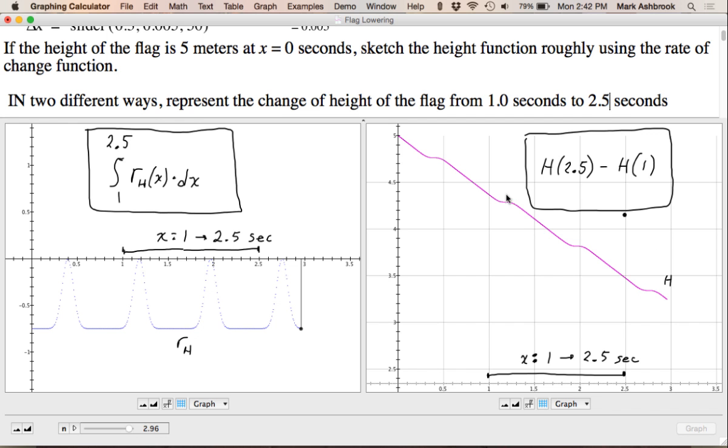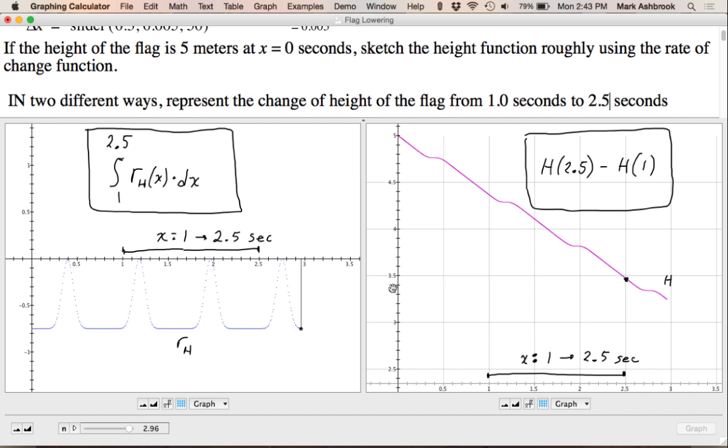Okay, so where's y final? Y final is h of 2.5. So that's represented where? Here's 2.5. And then just go up to the y value at 1. So how is h of 2.5 represented here? Where would I get that value if I was looking at the graph?